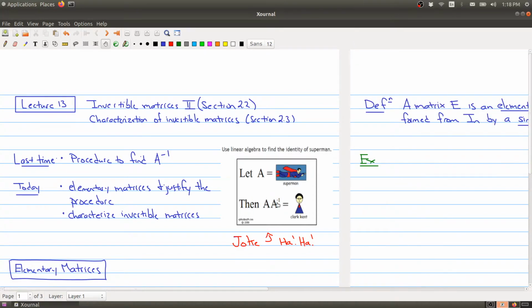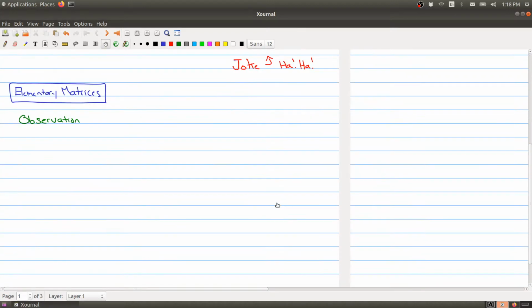Okay, so let's talk about elementary matrices. We're going to start with a bit of an observation, which you may or may not have seen. Going back to section 1.1 and 1.2, we learned about our elementary row operations.